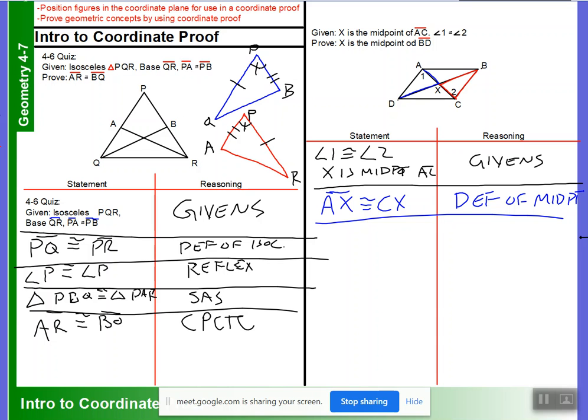Okay. So AX and CX. Angle AXD is congruent to angle BXC because of the linear angles theorem. Not linear angles. Vertical. Oh, my bad. That's what I meant to say. Vertical angles, right? Okay. And so that is BXC.